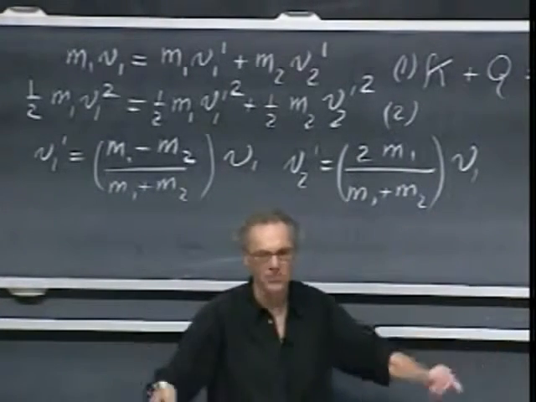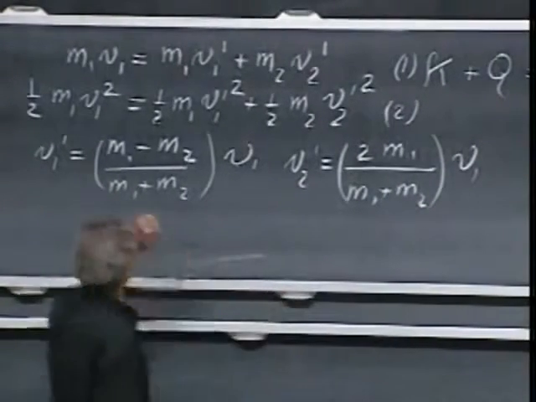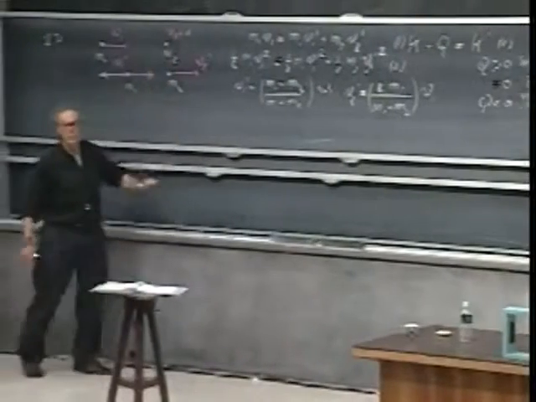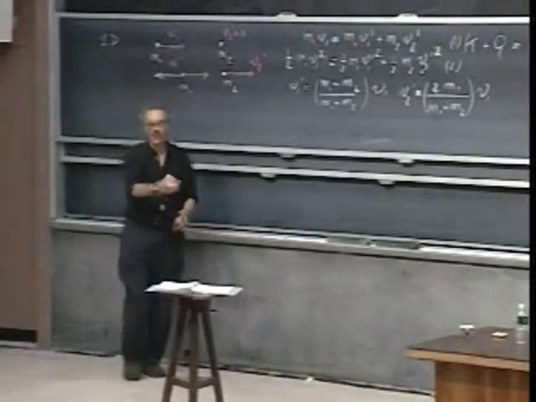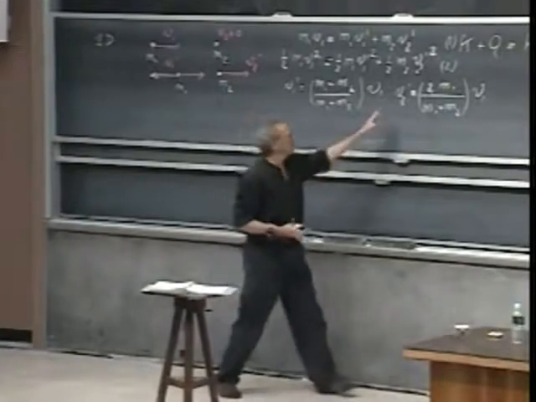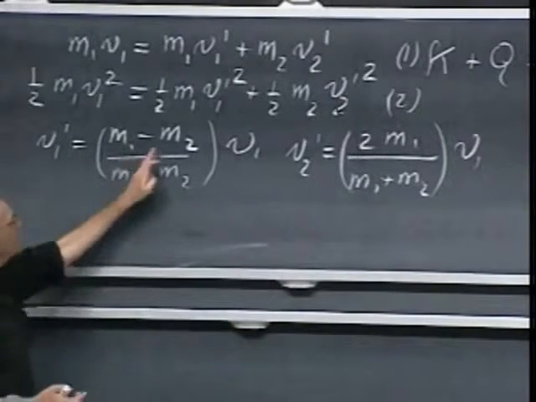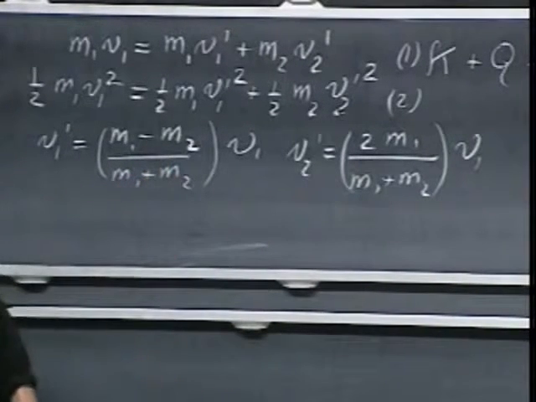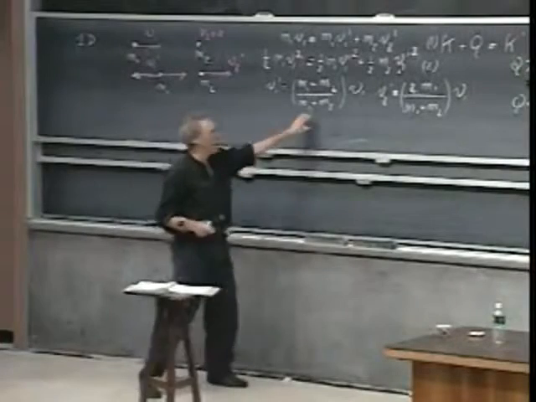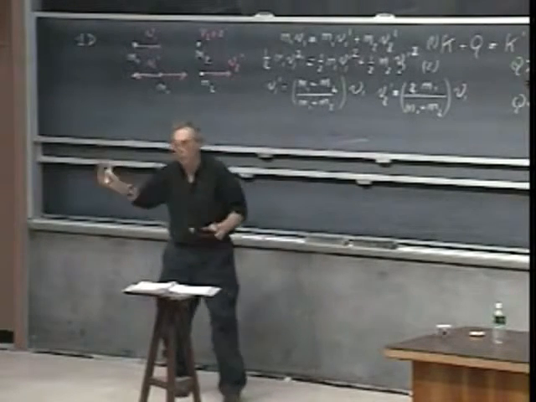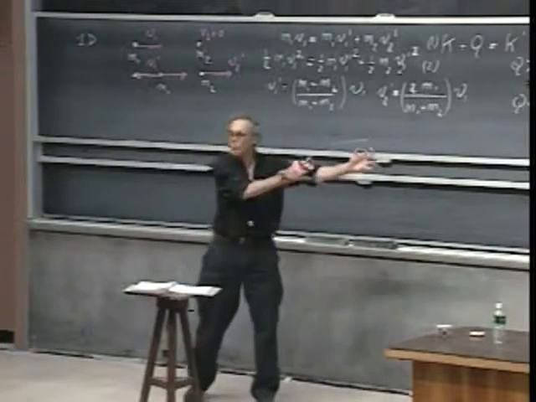That's completely obvious, because the second object was standing still, remember? So if you plow something into the second object, they obviously continue in that direction. That's clear. So you see, you can never have a sign reversal here. Here, however, you can have a sign reversal. If you bounce a ping pong ball off a billiard ball, the ping pong ball will come back, and this one becomes negative. Whereas if you plow a billiard ball onto a ping pong ball, it will go forward.